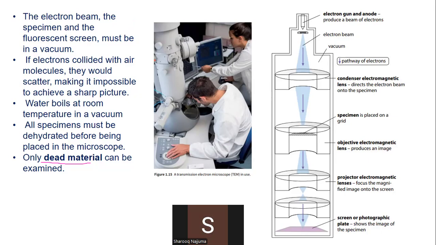A light microscope gives you images that are colored because you can interpret color. Those are the major differences between a light microscope and an electron microscope.